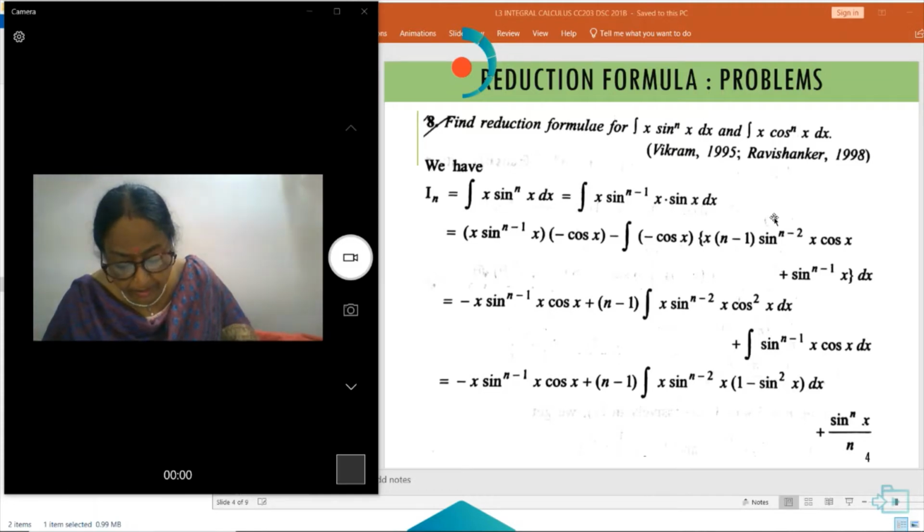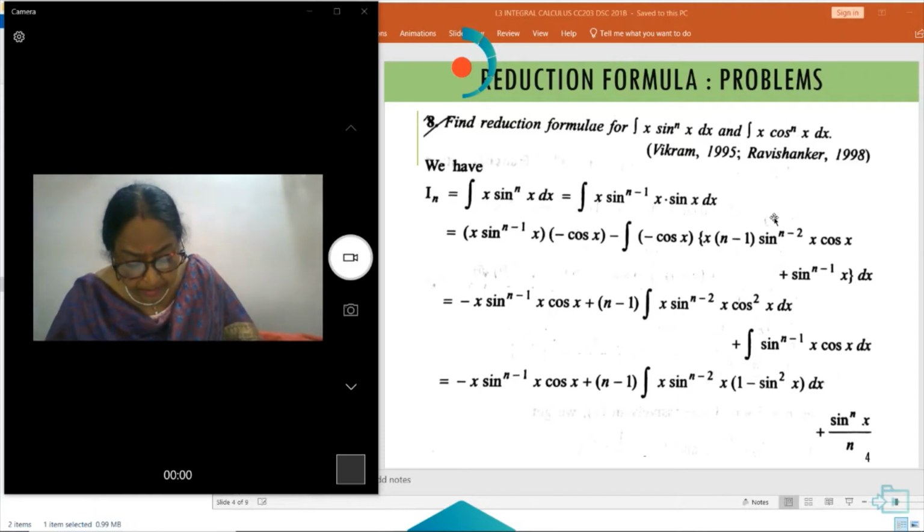So In is equal to integration of x sine nx dx, which can be written as x sine n minus 1 x into sine x dx. Now applying integration by parts, taking sine x as the second function.